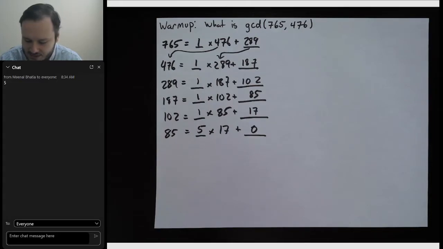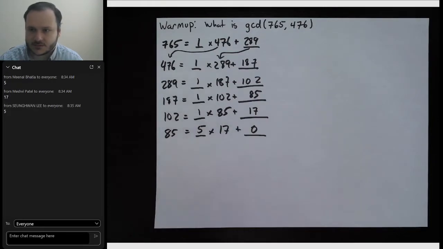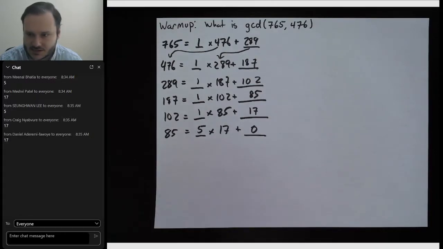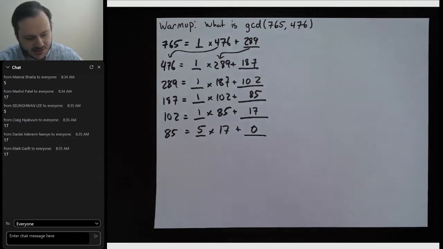Now that I've done all of this, what is the GCD of 765 and 476? 17. Also got a 5. Another 17. Okay, good. Starting to see some 17s.